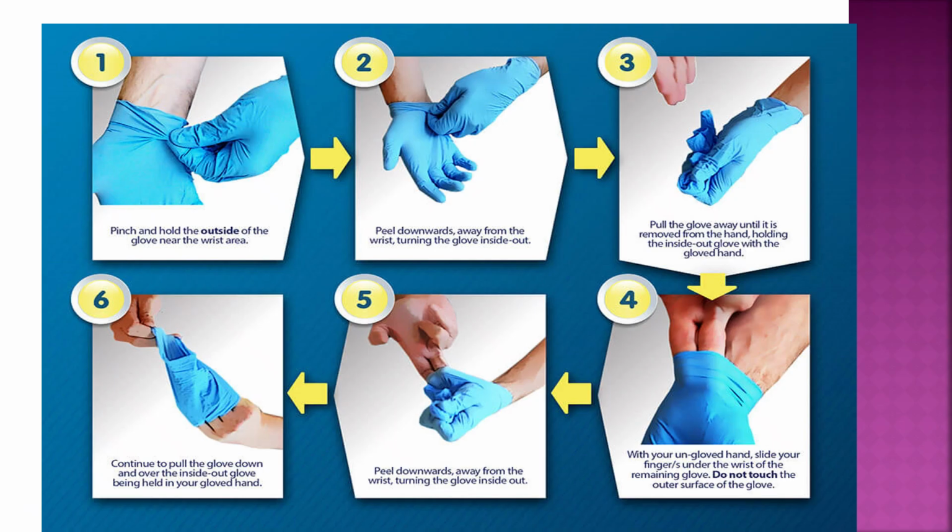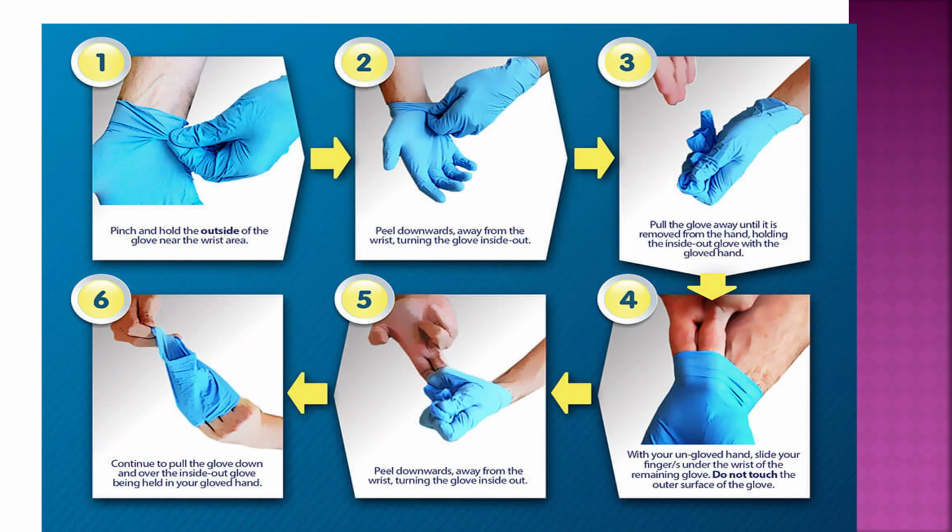While removing, pinch and hold the outside of the glove near the wrist area, then peel away from the wrist, turning the glove inside out, and roll it in the gloved hand. Then, in the fourth step, put your ungloved hand inside the gloved hand with the help of your fingers. Do not touch the outer surface of the glove, because now your other hand is ungloved.